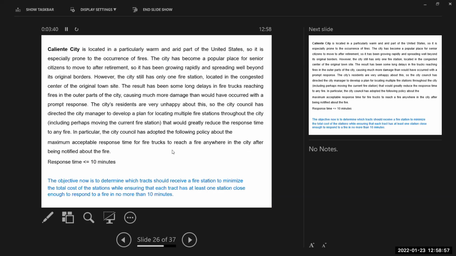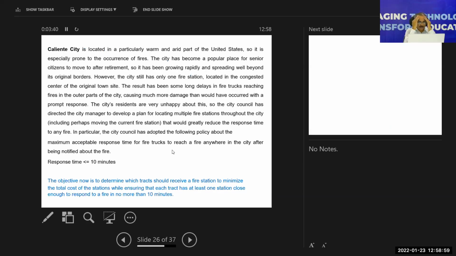Okay, so let's look at this example where we are looking up at setting up a fire station. So this problem is related to a city wherein they are looking up at setting up the fire station.